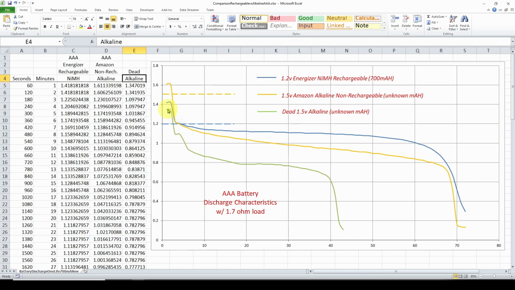And you can see it starts out at about 1.3 volts. And immediately when I apply the load, it drops down to 1.1. And then it drops very quickly down to 0.8. And after about 40 minutes, it's down at 0.6 volts. So this shows that after the non-rechargeable alkaline battery has been totally drained, if you hook it up again, you're going to get basically nothing out.